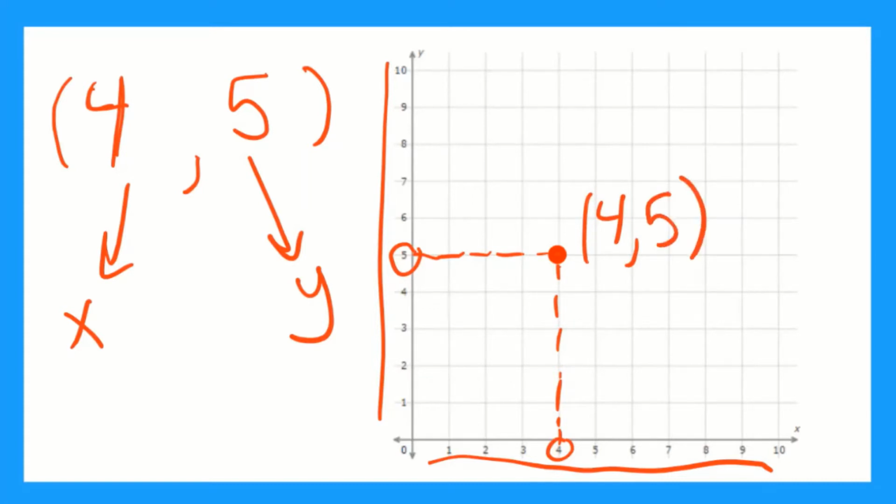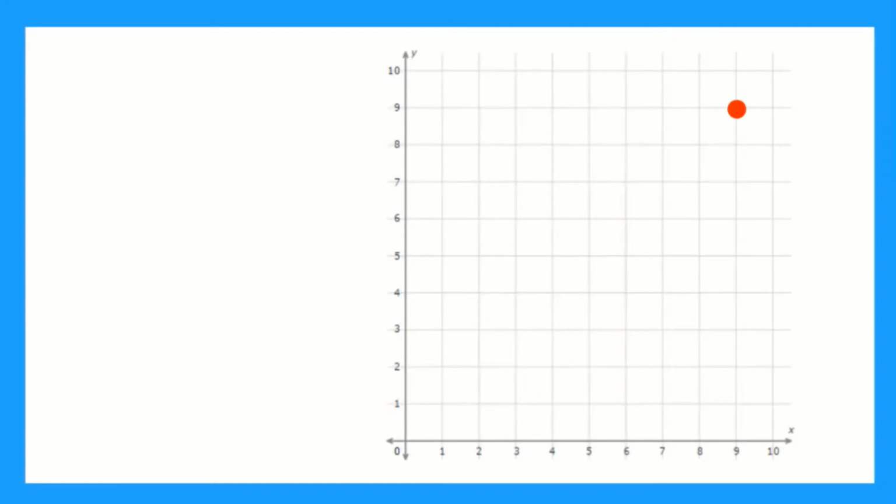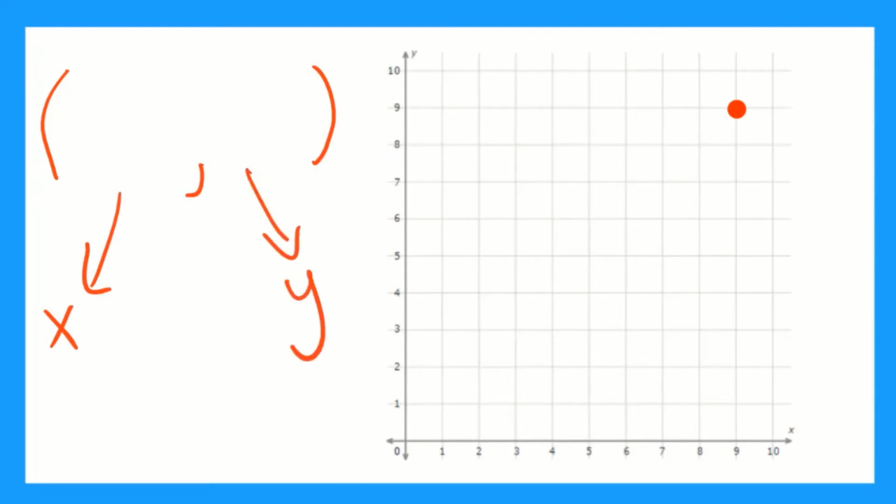Let's do one more like this. So again, here I have my point, but I'm missing my ordered pair. So I'm going to start with my parentheses and my comma. I know that this spot here is going to be my x-coordinate, and this spot here is going to be my y-coordinate. So remember, my x-coordinate lives down here on the x-axis. Let's go down and find it.